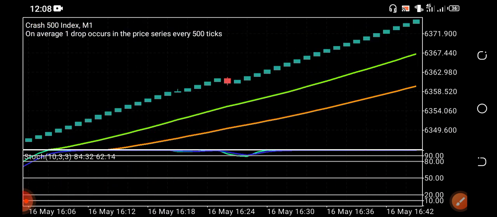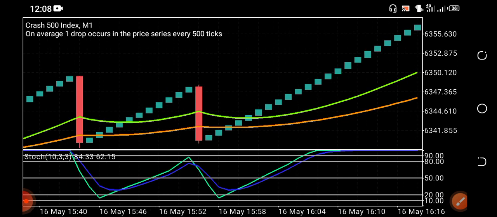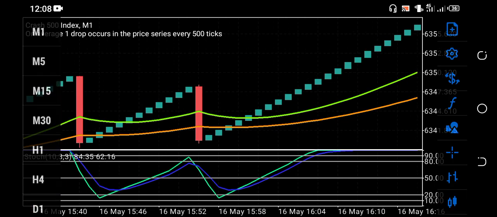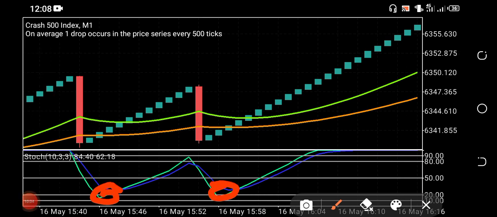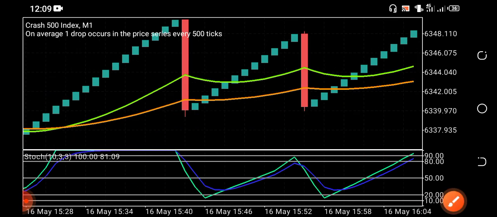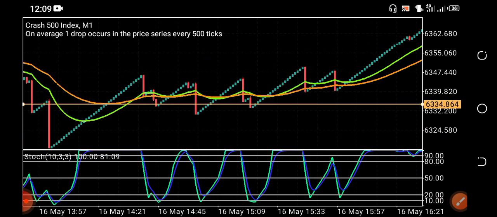Let me explain again. Anytime you see this thing touch level 10, if you see the blue and the green line touch at level 10, take 4 to 5 candles on your lower time frame, whether it is on a spike zone or an uptrend.